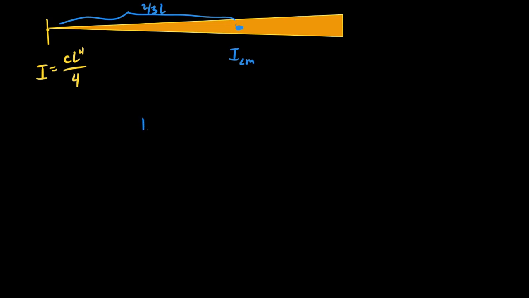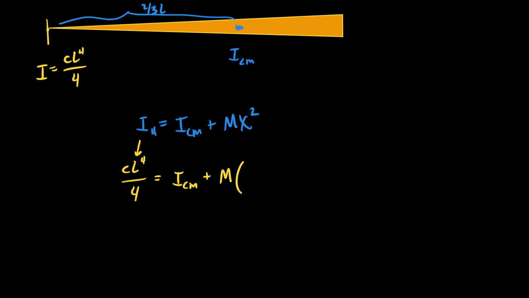So the parallel axis theorem looks like this. We have CL to the 4th over 4 as our moment of inertia about the end. That has to equal the moment of inertia about the center of mass plus m times how much we're shifting it, 2/3 L squared. So it was shifted from here 2/3 to the left. Does that make sense to you guys?